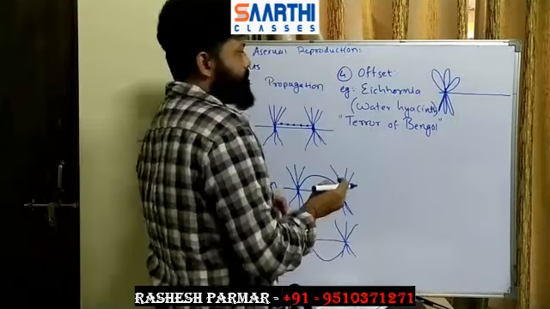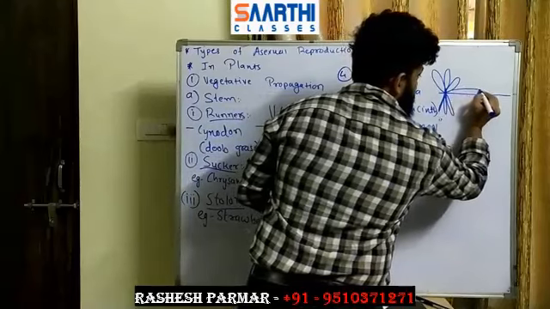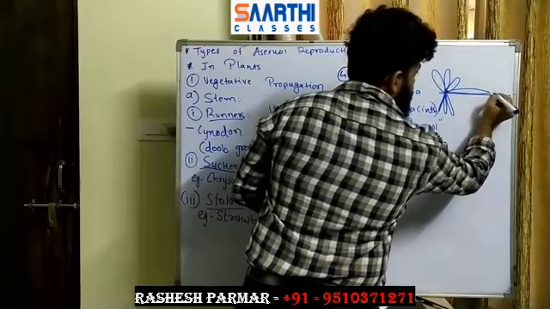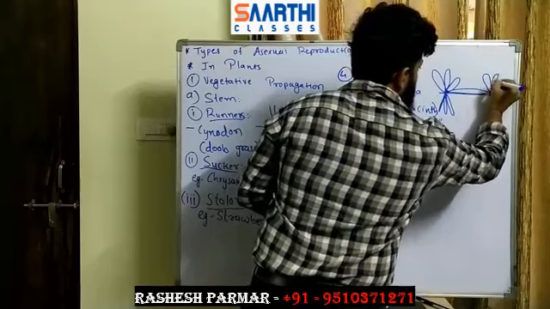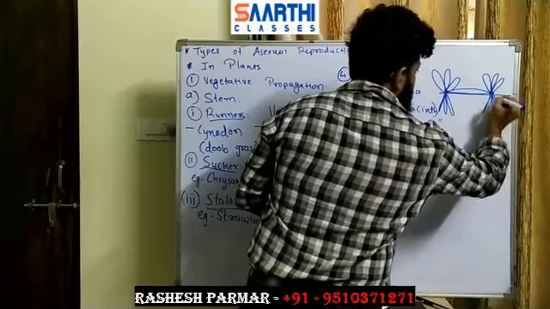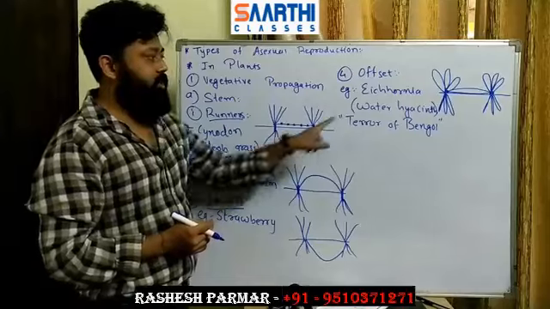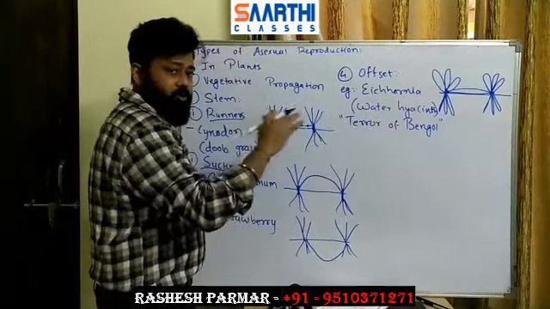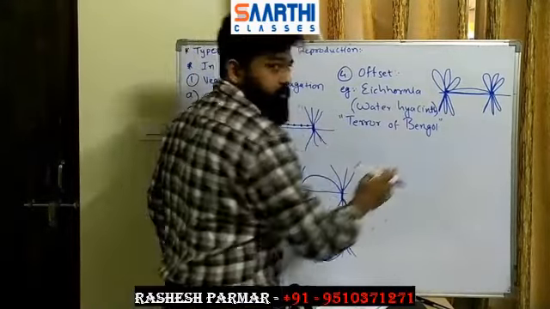Now one branch will grow horizontally, which will create another plant. It looks similar to runners. In both cases, the branches developing are horizontal to the surface, but one is a terrestrial plant and the other is an aquatic plant.